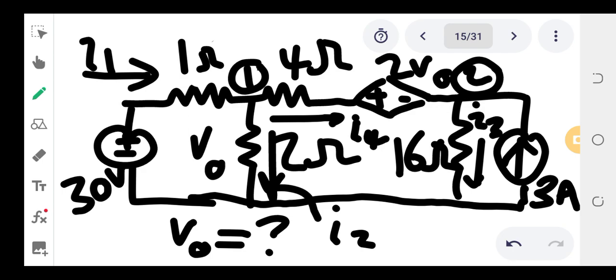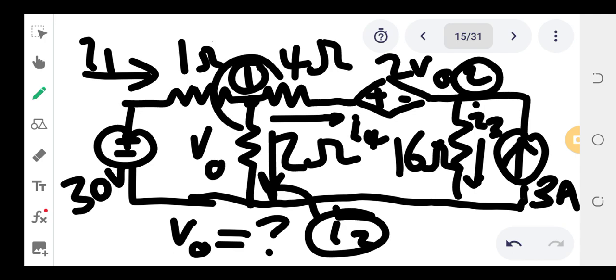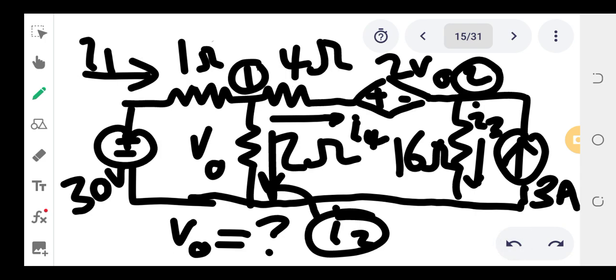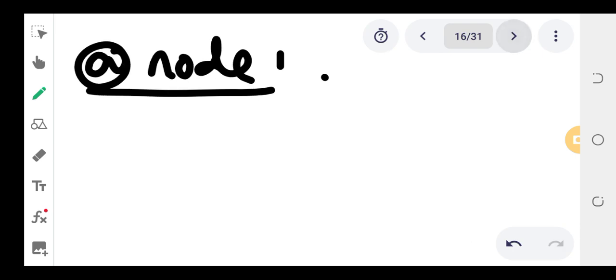At node 1 we have the current I1 entering the node. I2 is leaving the node, as you can see from here. From that node we have I1 entering, going in this direction. I2 is leaving, and I4 is leaving as well. So we say I1 is entering, so we assign it a positive sign.